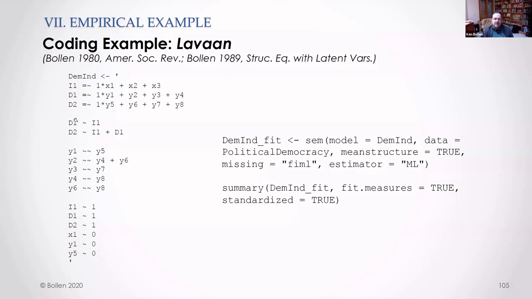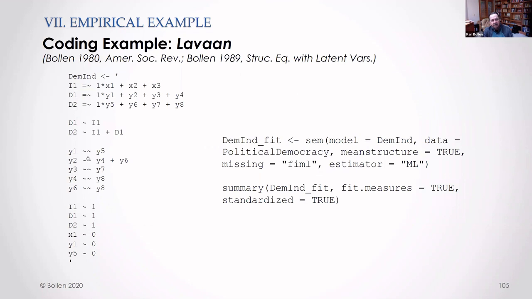Then this is giving us the latent variable structure. This is saying regress democracy in that first wave on industrialization. And this is saying regress democracy at the second wave on industrialization and democracy of the first wave. So these are giving the regression commands, and these are giving the measurement commands.